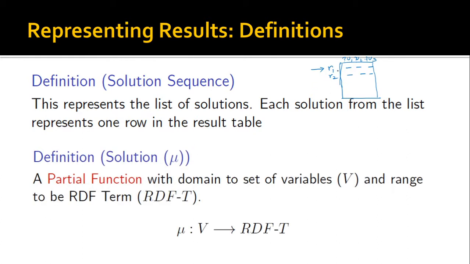Now coming to an individual solution. The individual solution is a single row. We are representing this individual solution as mu. And what is mu? Mu is basically a function. It maps the set of variables to RDF terms. So in a row, for every variable you have a value, and this value belongs to the set of RDF terms, and we have already defined what an RDF term is.